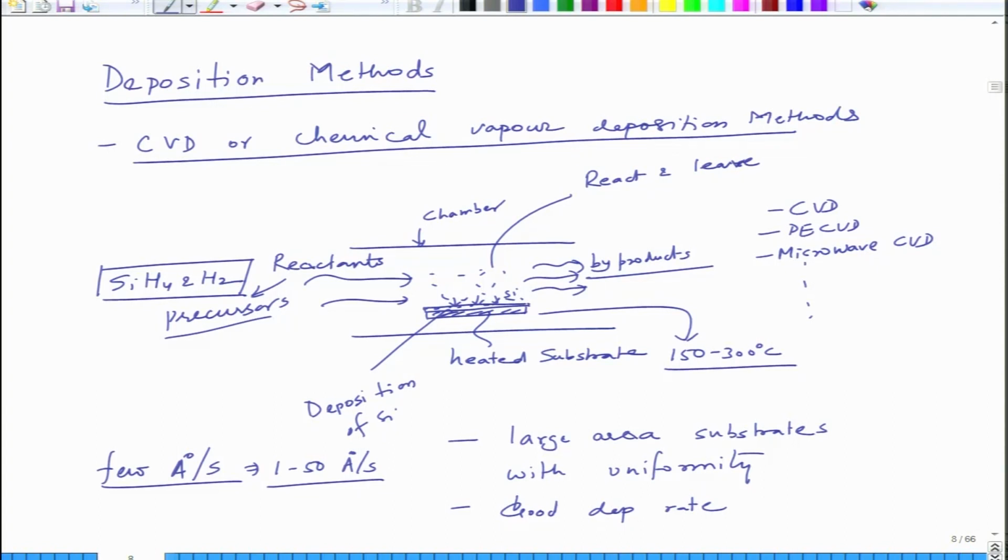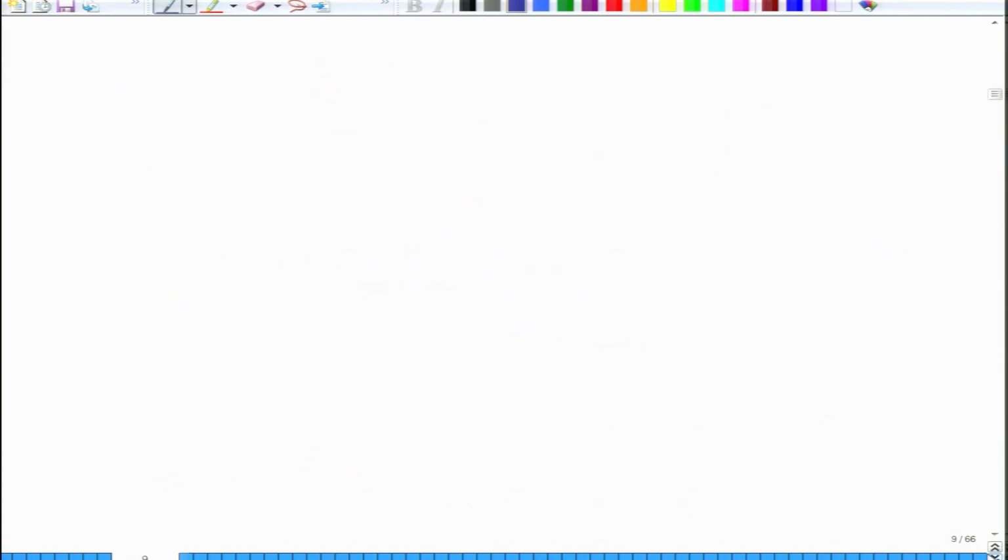So, these amorphous silicon solar cells have one issue which is called light induced degradation.